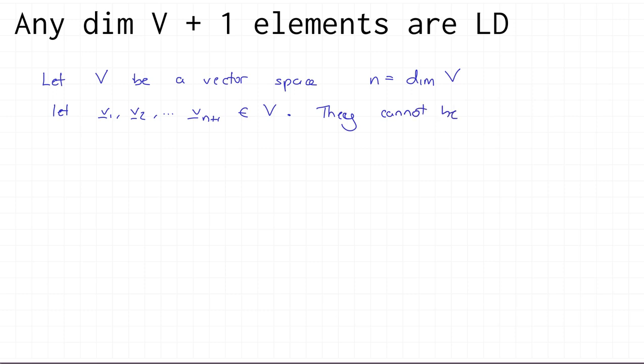They cannot be linearly independent. And the reason they can't be linearly independent is that we've just seen if they were linearly independent, then the dimension of V would be at least n plus 1. In other words, the dimension of V would be greater than or equal to the dimension of V plus 1. This is obviously impossible.